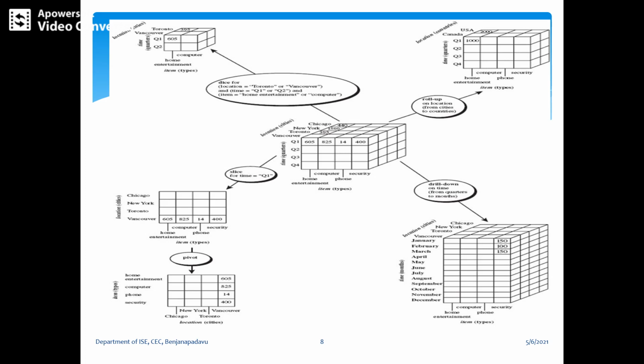So quarter one. I've told you that in a slice operation, we get the slice information of the cube for time equal to Q1. The location is again the cities Chicago, New York, Toronto, Vancouver, and the items are home entertainment, computer, phone, and security, with values 605, 825, 14, and 400.